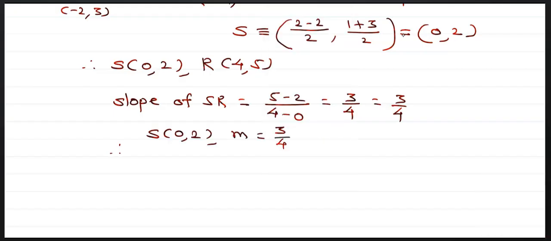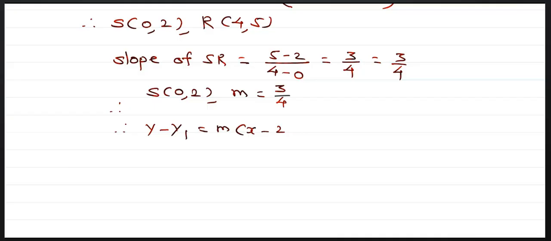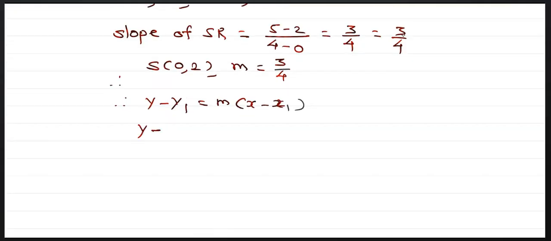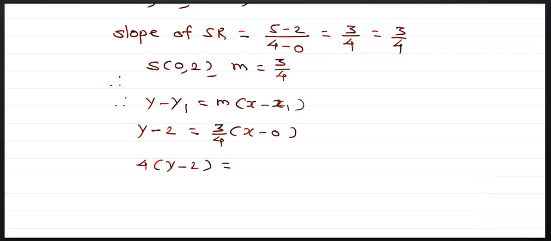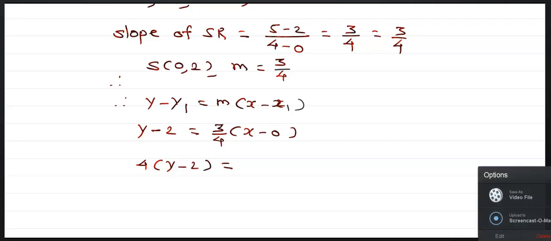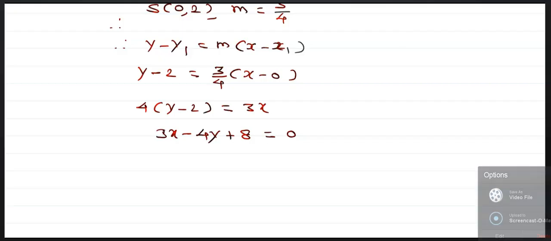Now the point is (0, 2) and m is 3 by 4. Therefore, the equation is y minus y1 equal to m times (x minus x1). y minus 2 is equal to 3 by 4 times (x minus 0). Therefore, 4y minus 8 is equal to 3x, that is 3x minus 4y plus 8 is equal to 0.